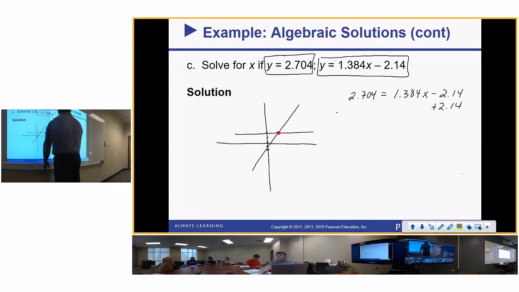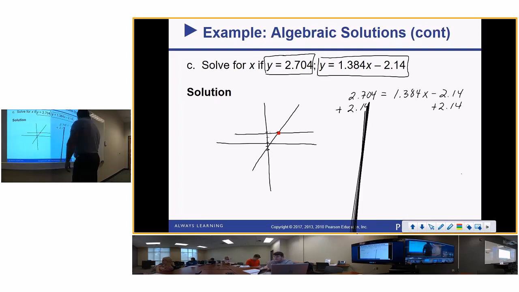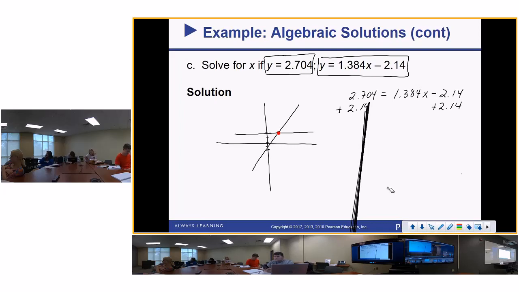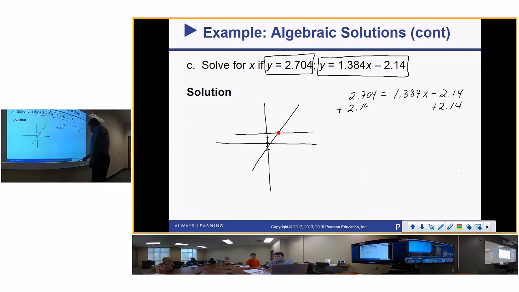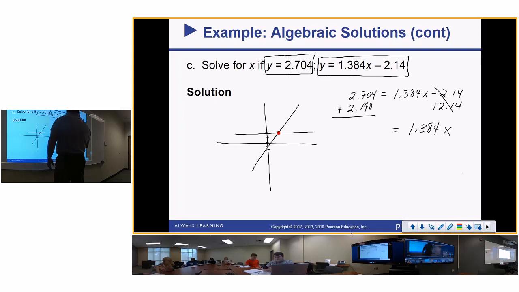If it ain't broke, don't fix it. 2.14, really? 1.384x is equal to 4.844. Somebody check me. Yes, sir. And divide by 1.384.